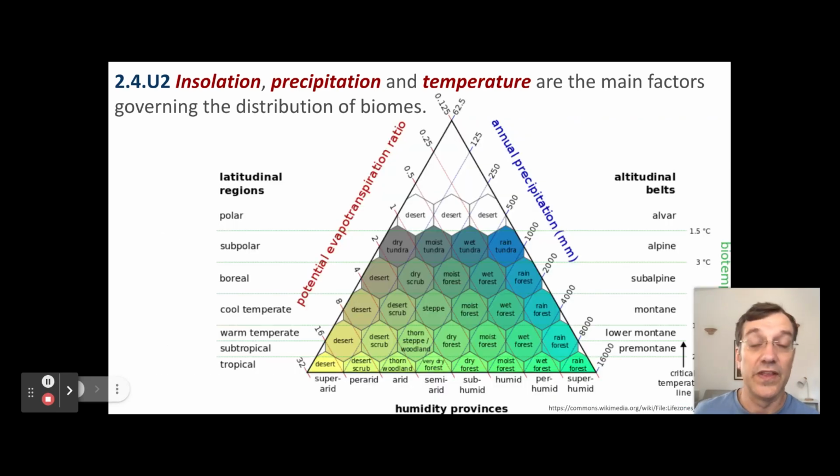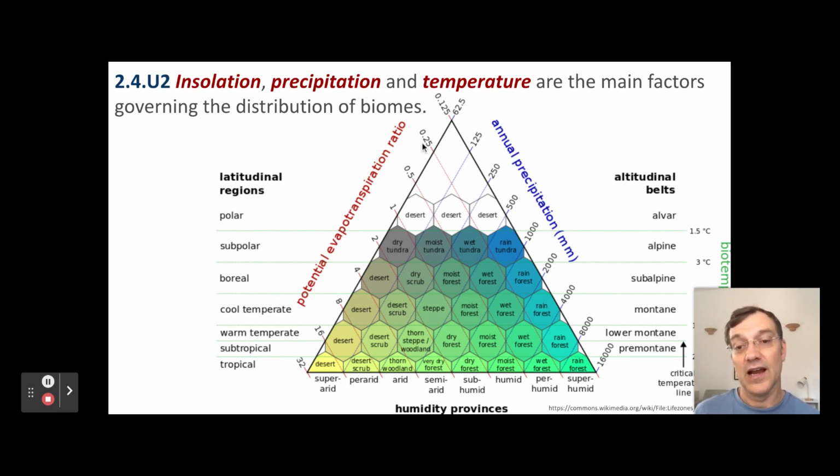This is another way of visualizing the differences in sunlight, precipitation, and temperature around the world. On this right side of the triangle, we have annual precipitation. Across the bottom, we have the humidity, or the amount of moisture suspended in the atmosphere.